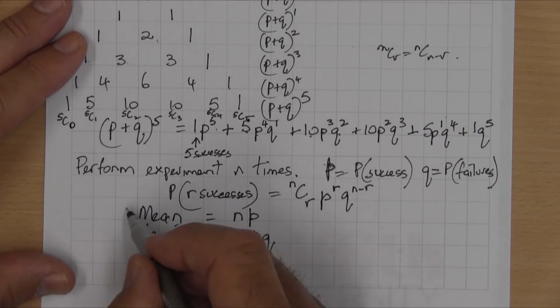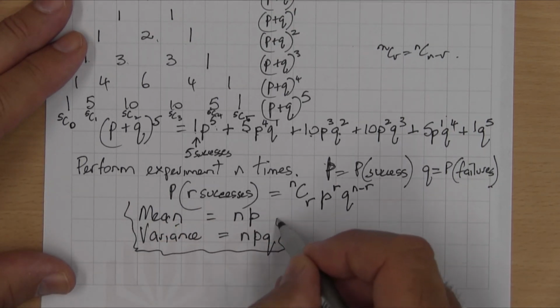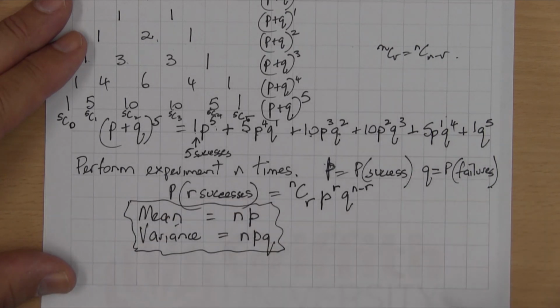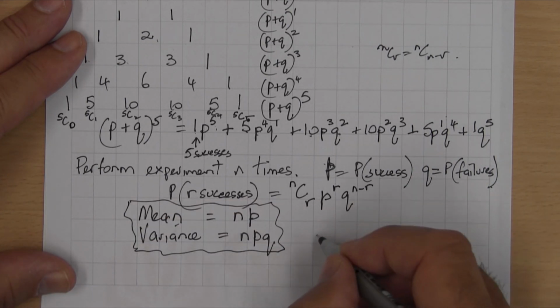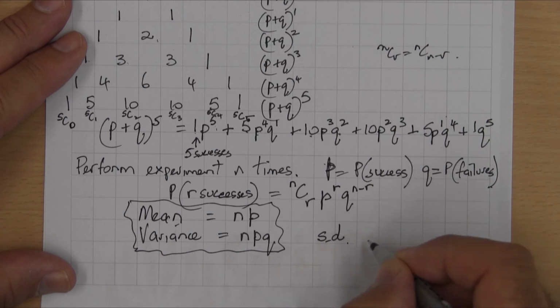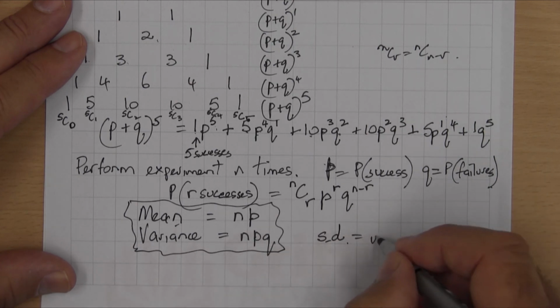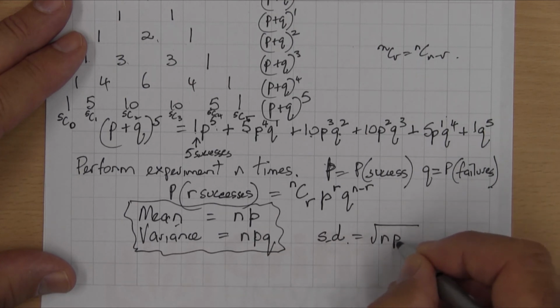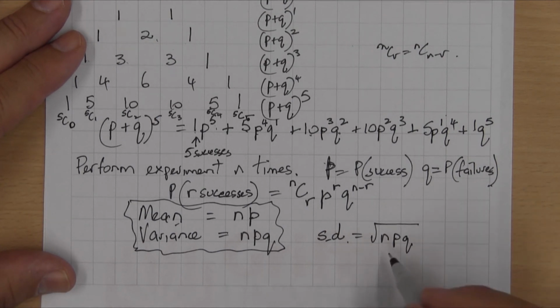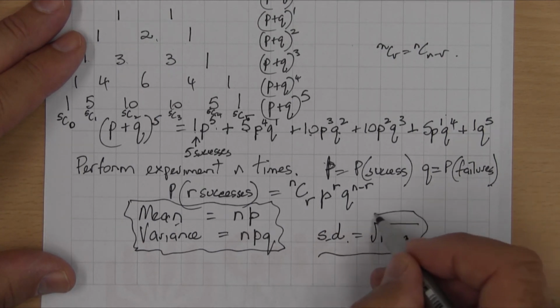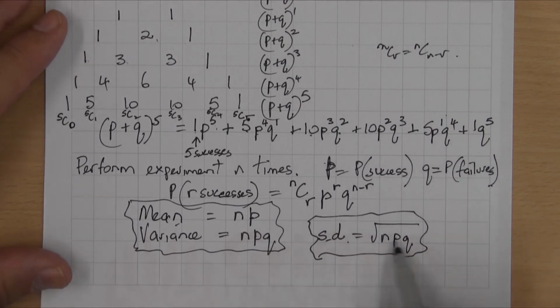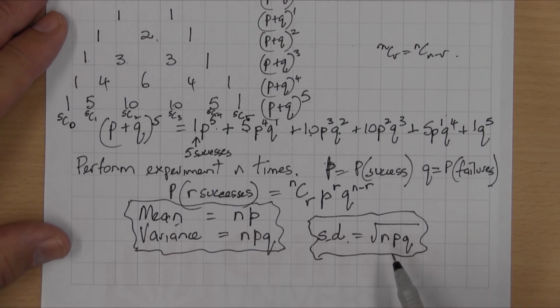So these are two rules that we need to know for binomials. We need to commit those. Standard deviation, we know, is the square root of the variance, so that'll be the square root of npq. Okay, in the next lecture I'll go through a little example that will allow you to work those out.